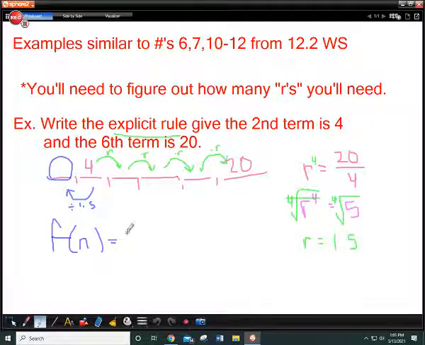So this is going to be 2 2/3 times our 1.5 to the n minus 1.